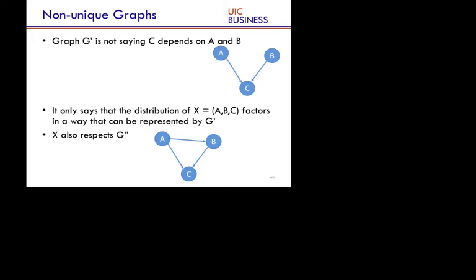So the graph just says that the distribution factors in a way that can be represented by G prime. That's all. And you can also further check that X also respects G double prime, which is this graph. I'll just randomly pick some edges. Actually, you can permute them.